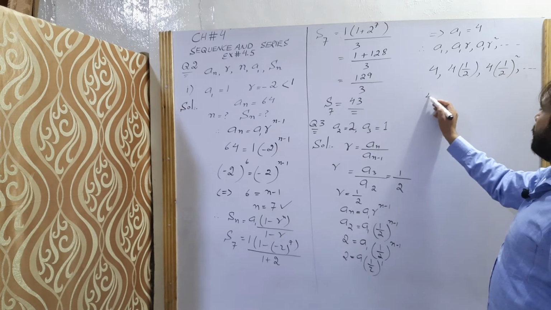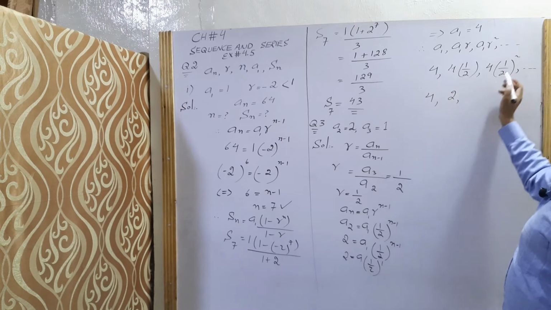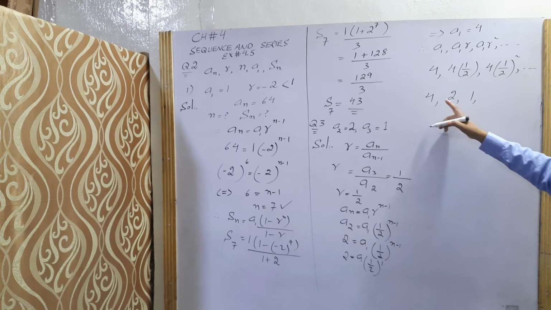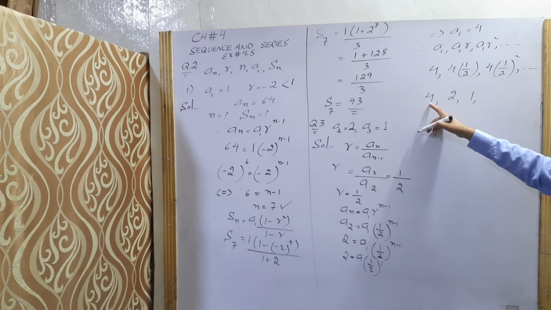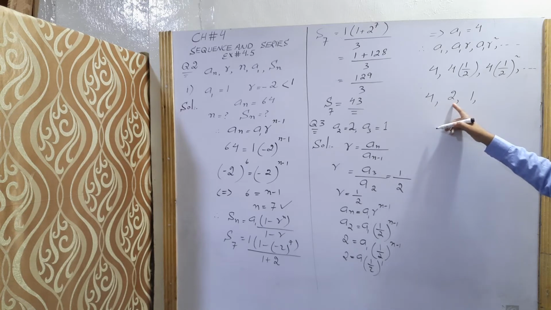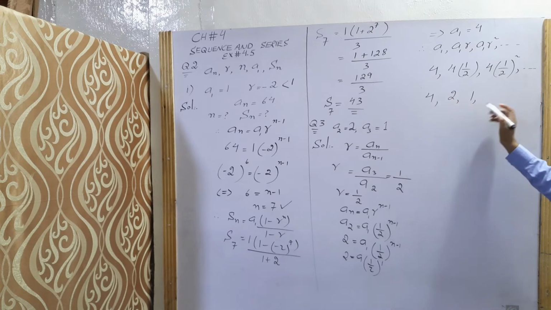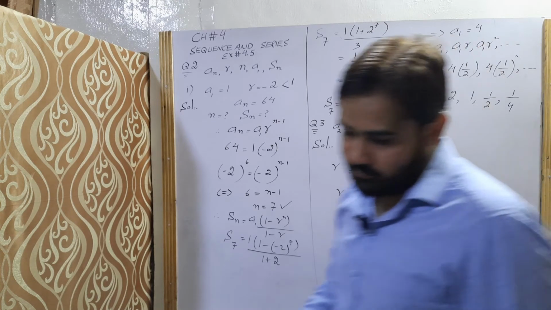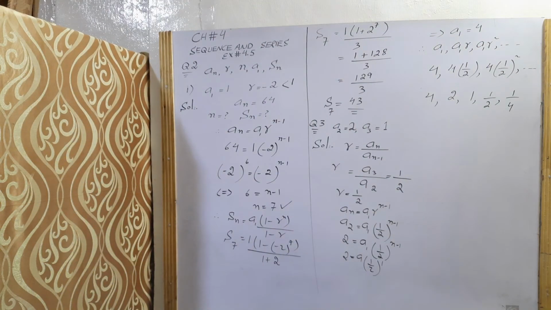So this is 4, this is 2, and this is 1, and 4 divided by 2, this is 2, divided by 2 which is 1, and next term must be 1 by 2 and 1 by 4. These are the first 5 terms in this case of the geometric series given.